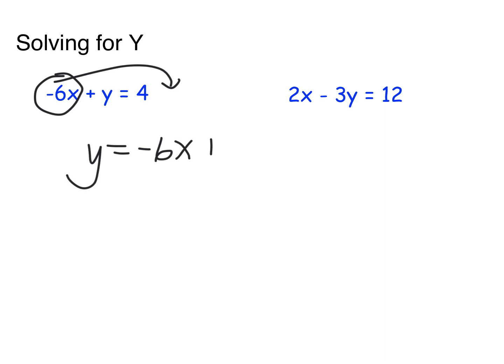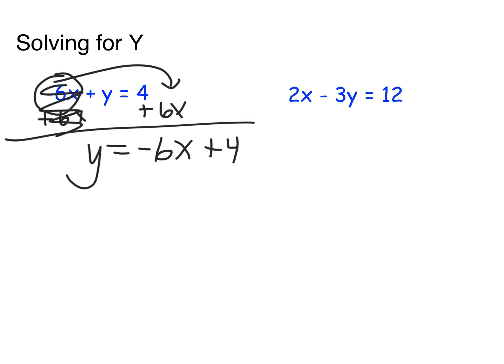And that 4 is positive. Now, if it bothers you, I can do it this way, plus 6x, plus 6x. Maybe you need that to keep it like you used to do. Nope, minus 6x. Dang it, I even did it wrong. I think the other way is easier. I really do.